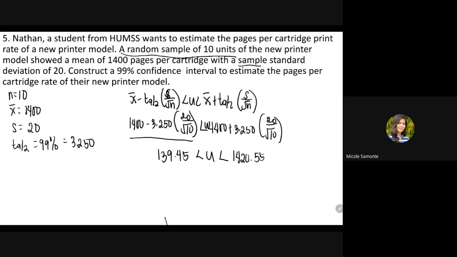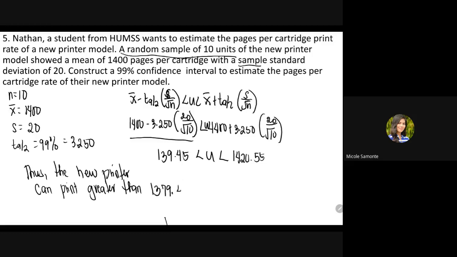So in other words, the new printer can print greater than 1,379.45 pages but less than 1,420.55 pages. Ano ang medyo malabo doon sa mga choices?